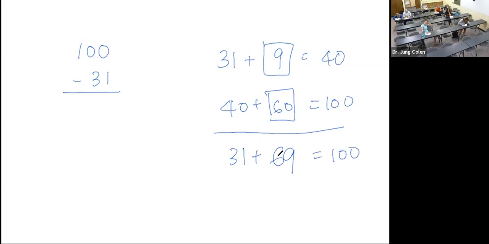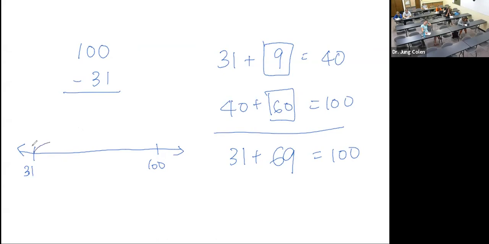Okay? So the missing addend is really, really helpful. If you extend this to the number line, it's similar to this one. So instead of doing 100 minus 31 and finding out where we land, we don't want to skip 31 parts backwards, right? It takes so much time. You can think about it this way. Starting from 31, how many skips do I have to make to 100?